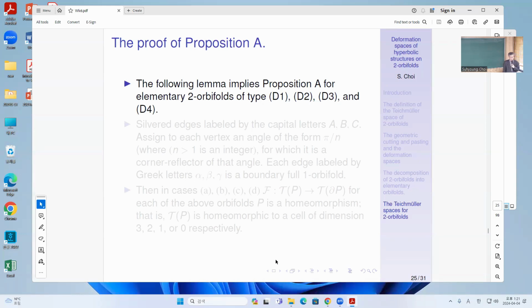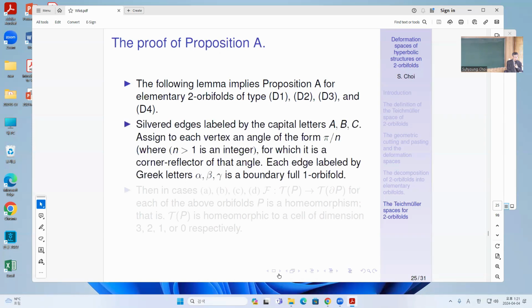So to prove theorem A, this is about T1, D2, D3, T4. These are hexagons, and then these disk type orbifolds. In the case of T1, you label A, B, C to be the silvered ones, and then alpha, beta to be the boundary ones for the orbifold. So in this hexagon, the boundary orbifold ones skip, so they alternate.